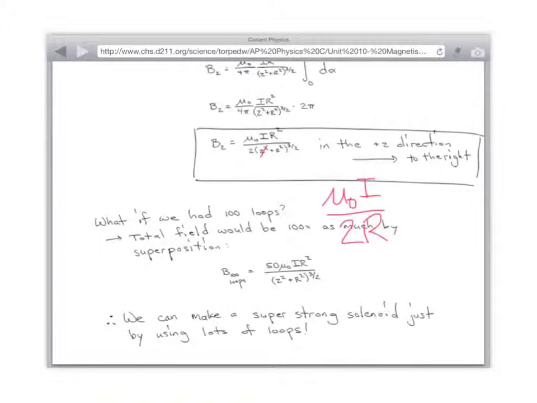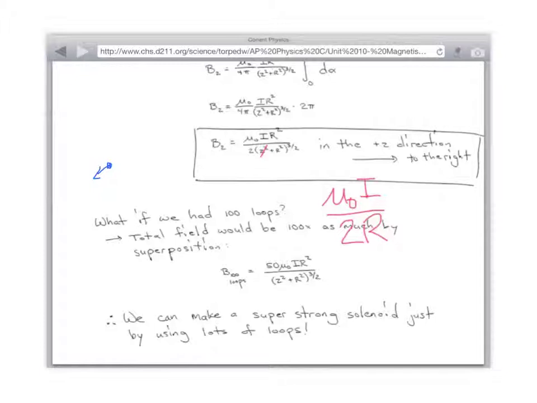So, to do this, we've got to realize a few things. First of all, the field at point P from any little piece of the loop, somewhere on the edge, I'm going to pick the top spot on the loop right here. The charges are flowing at that point in the negative x direction.